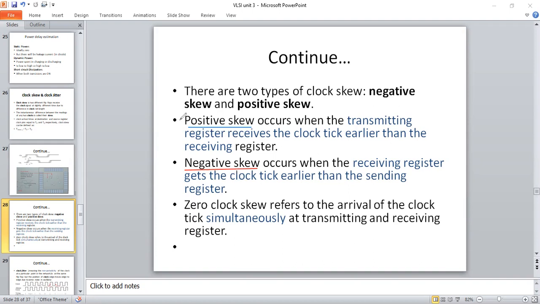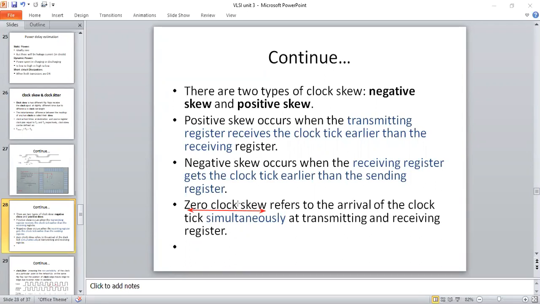So it is positive skew and it is called negative skew. And there is also zero clock skew. What is zero clock skew? If the receiving register and the transmitting register receive the clock signal without any delay or any prior arrival, it is called zero clock skew.